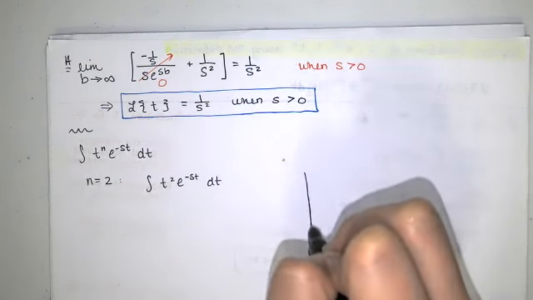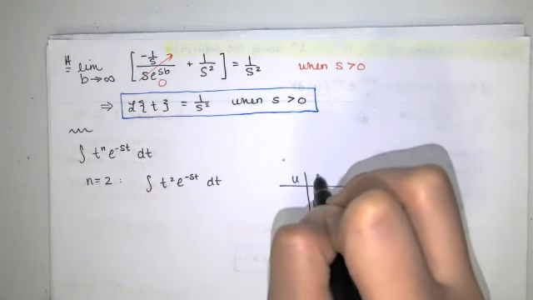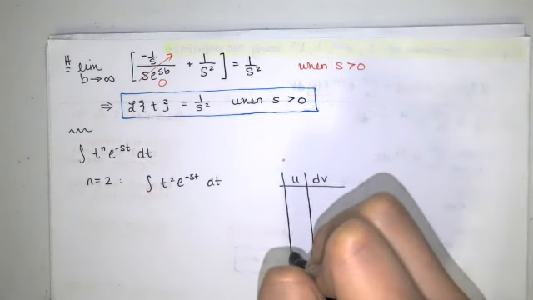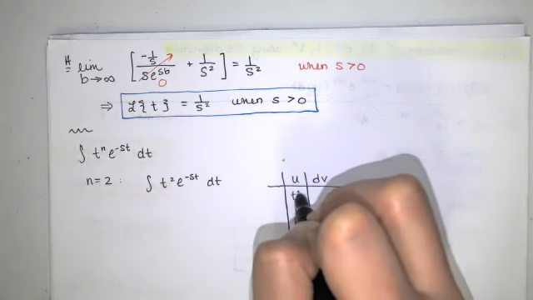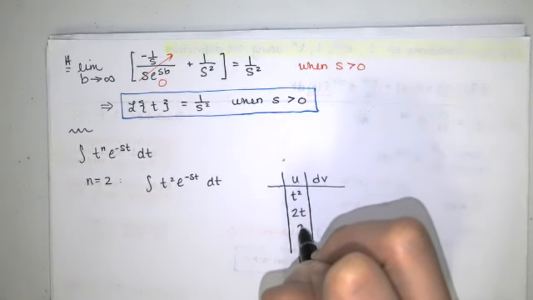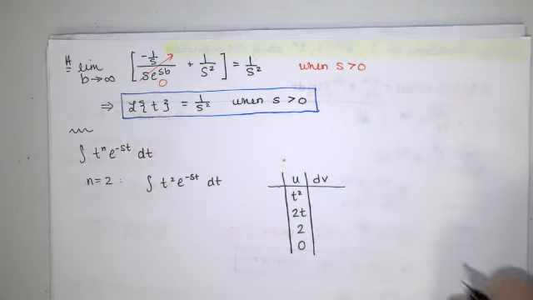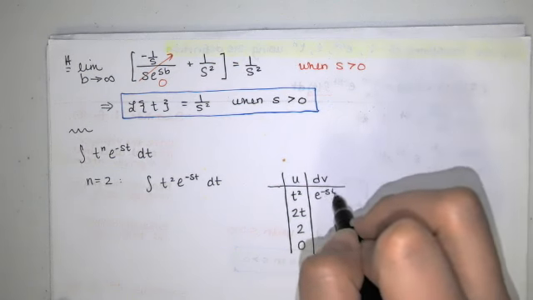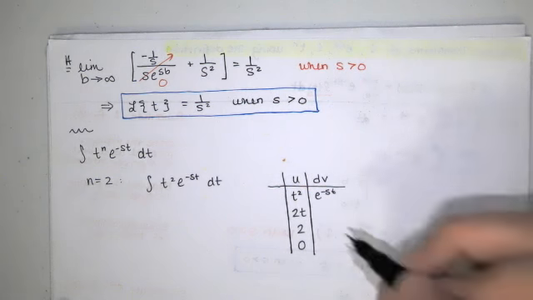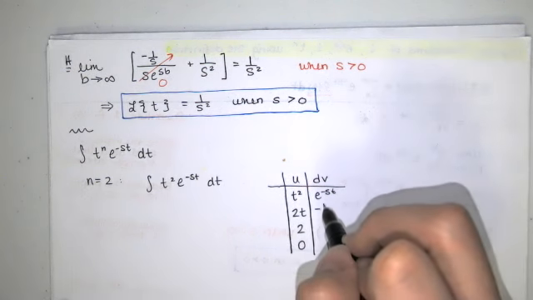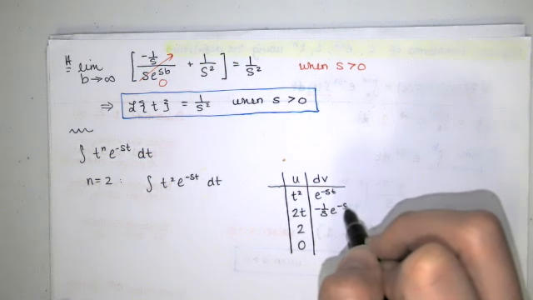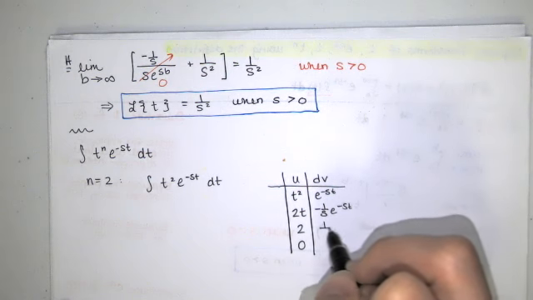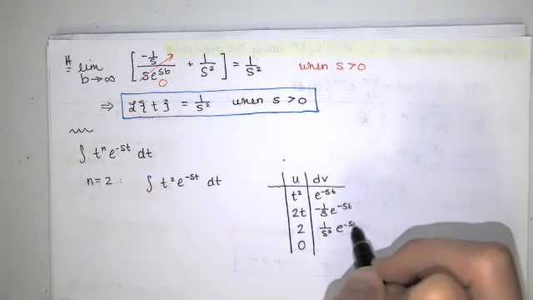When n is equal to 2, I'm going to use tabular integration. And I'll have t squared, then that derivative, the derivative of that, and the derivative of that. I have 4 rows when n is equal to 2. I had to take the derivative 3 times. And that means in this column, I have to take the antiderivative 3 times.